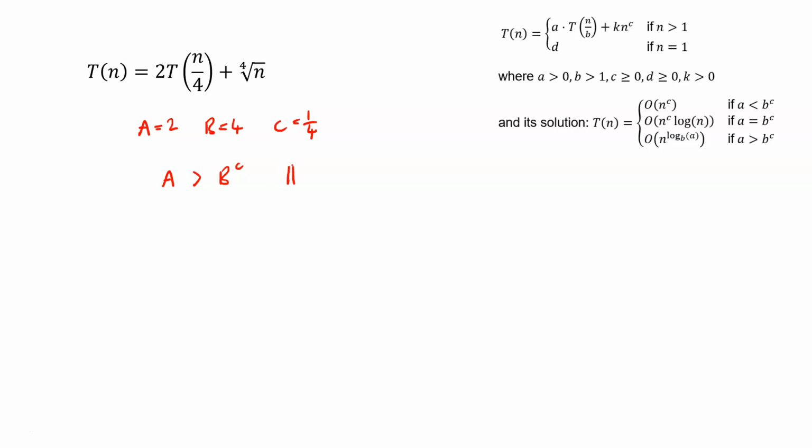So we are dealing with case number 3. So this gives us big O of n to the log base 4 of 2, which is big O of n to the half, which is big O of the square root of n.